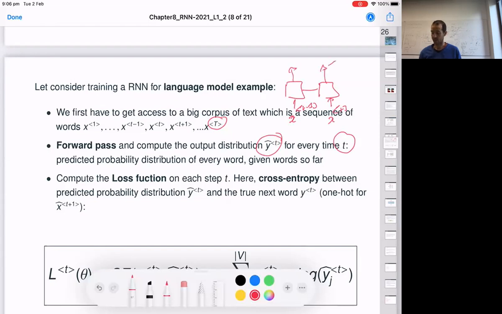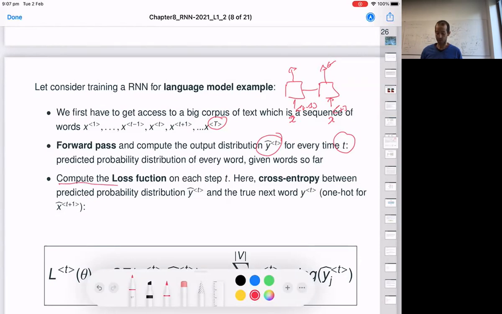And to get the output, you use a softmax, and it gives you a probability, and you get the word that has the highest probability. If you have a long corpus, this could take long.